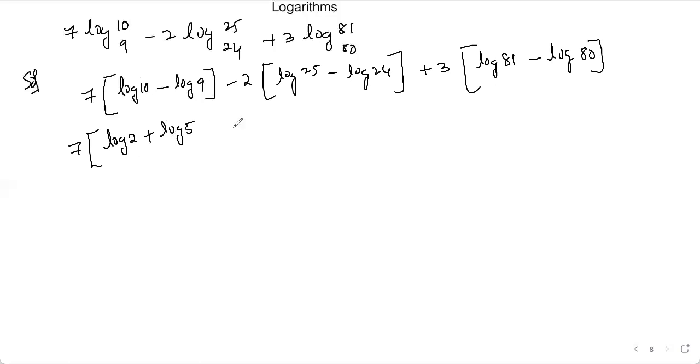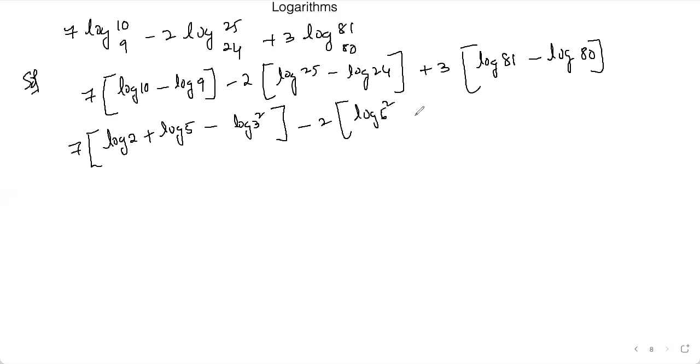Minus, or we can put this as log 3 square, close the bracket, minus 2, and this will be log 5 square.